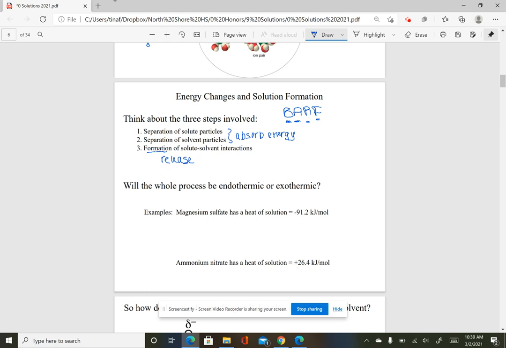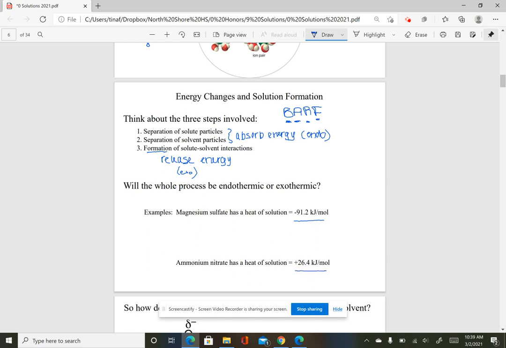Now, deciding if the whole process is exothermic or endothermic, remember that endo goes with absorb and exo goes with release. We have to compare the two. We have to say, all right, well, was more energy absorbed than released, or was more energy released than absorbed? And we would know this if we were given the heat of the solution.